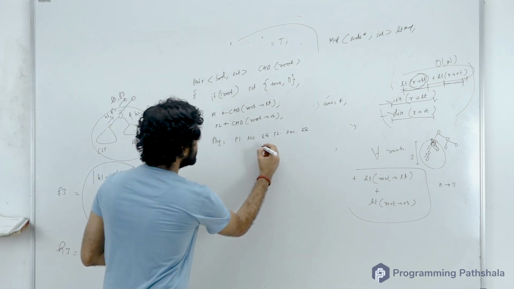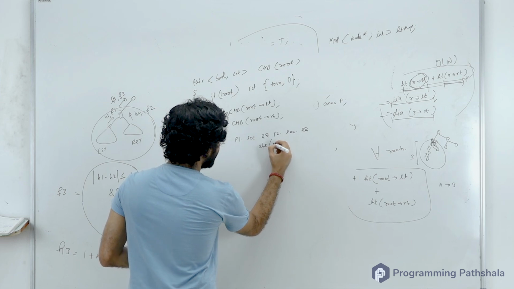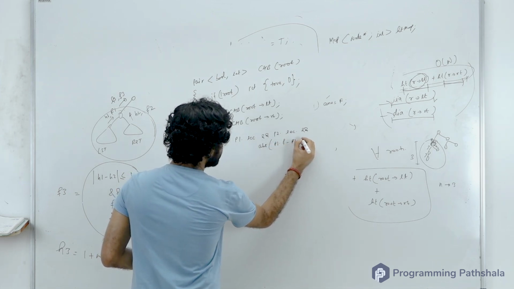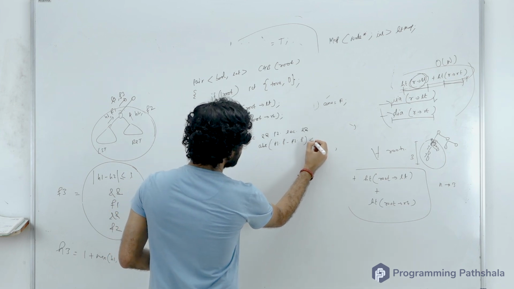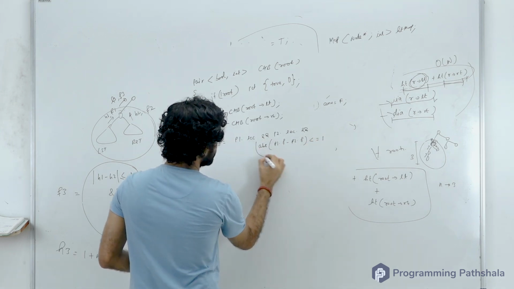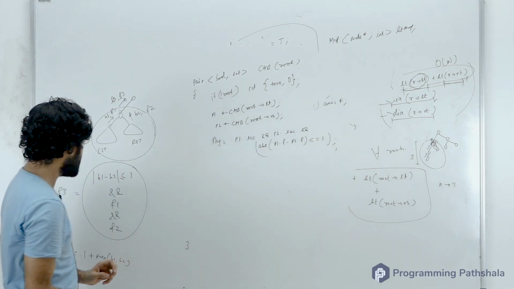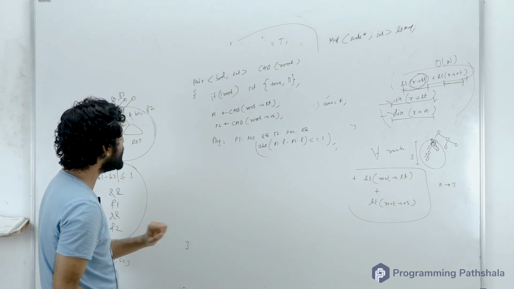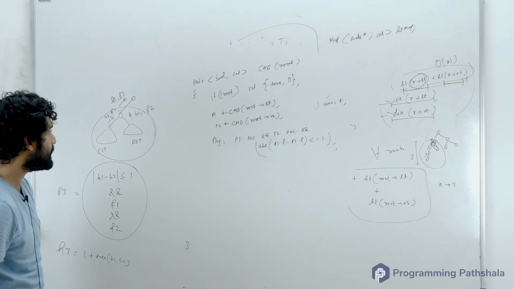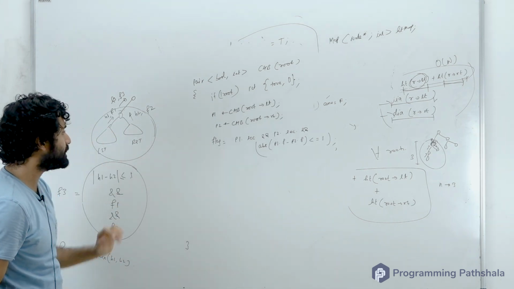And what is this condition? It is that the absolute value of P1 dot first minus P2 dot first should be smaller than equal to 1. This should be your third condition. This way you have manufactured your flag, right?